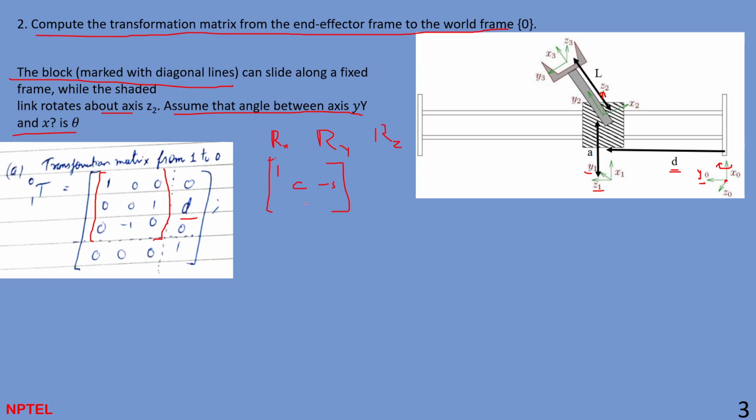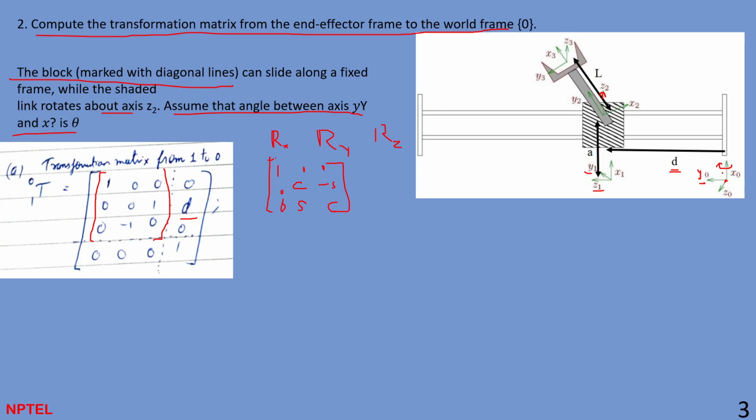Here s is sine theta and c is cos theta. So we are rotating minus 90 degrees. You can apply a right hand rule, and you will get there.